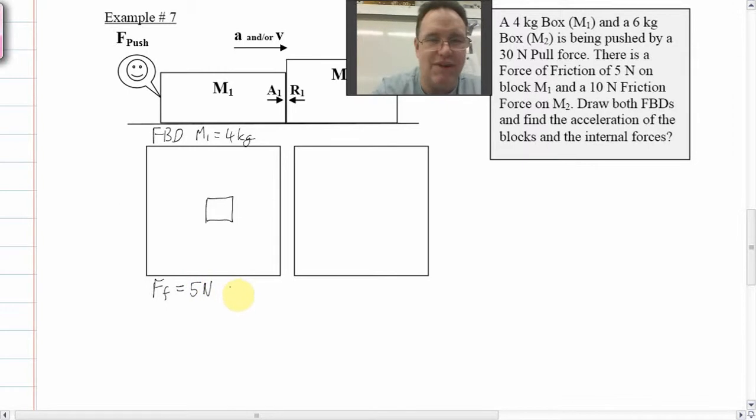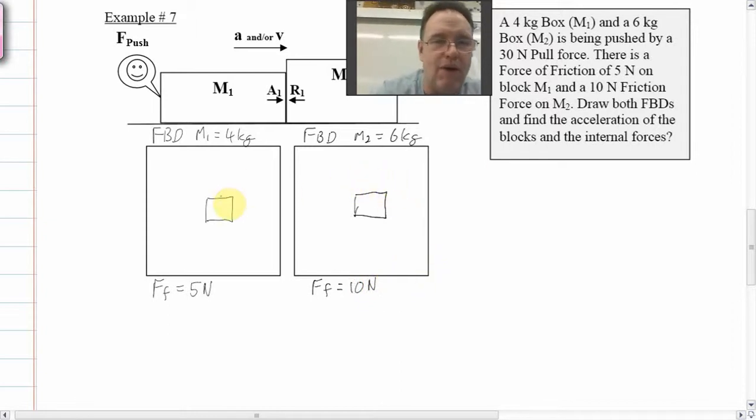The force of gravity on this object, well, I guess we don't need to do that, it's not hanging, so we'll just ignore the force of gravity. This is M2, and this is 6 kilograms. And it has a frictional force of 10 newtons acting on it.